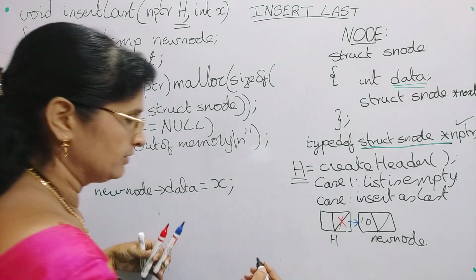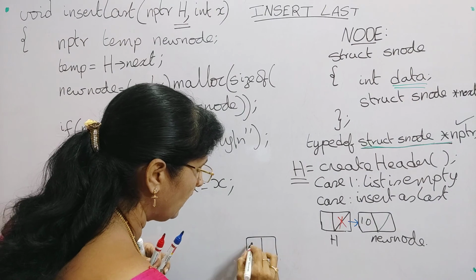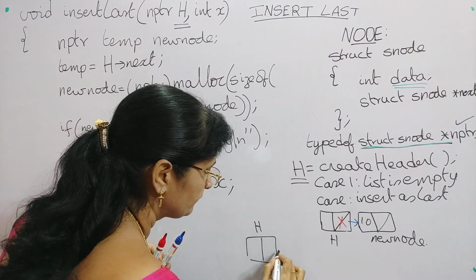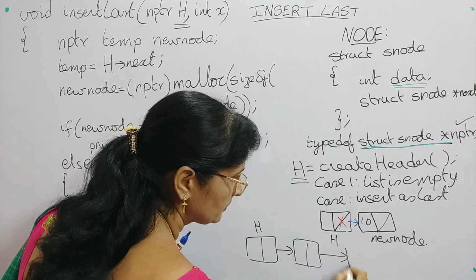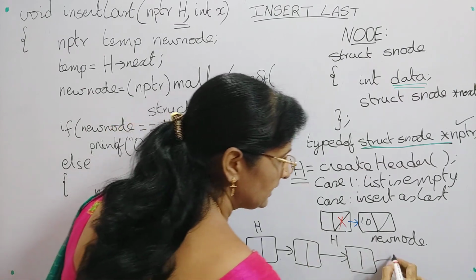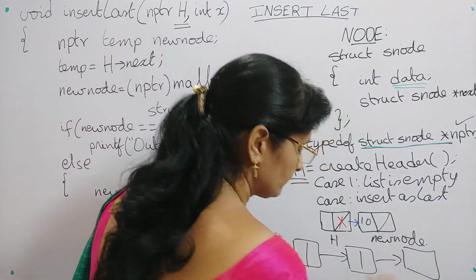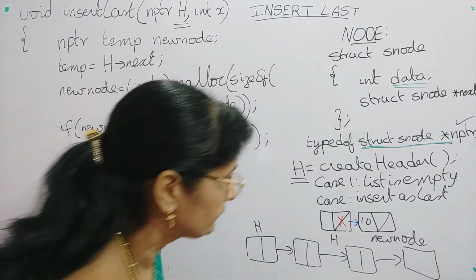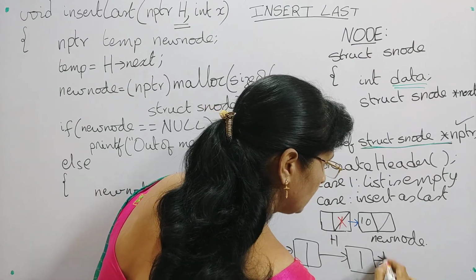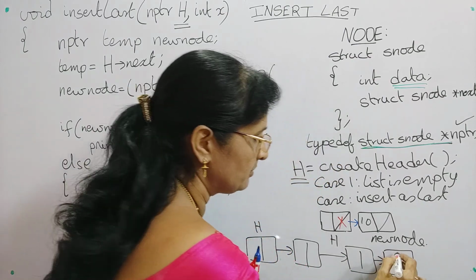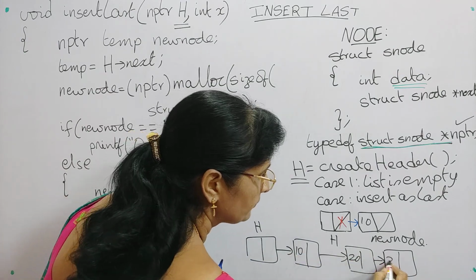For example, if you have the second case, this is h, and you have more nodes in your list. For example, assume you have 3 nodes, it may be 1 or more than 1, say 10, 20, 30.